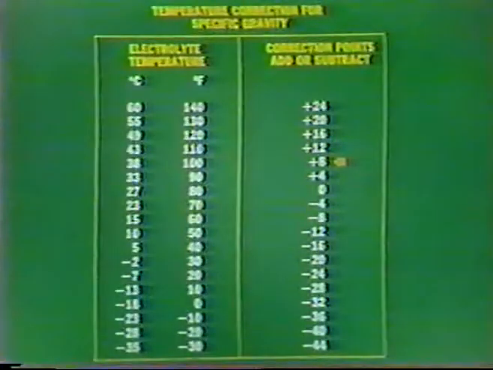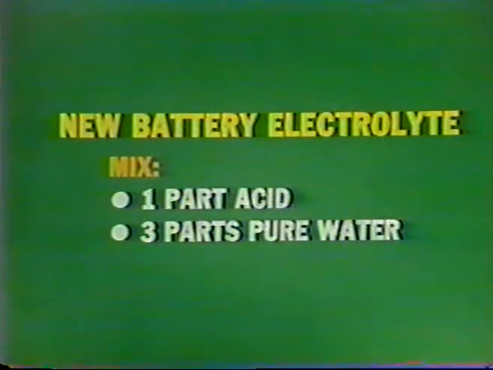For example, an electrolyte having a specific gravity of 1.240 at 100 degrees Fahrenheit would have a corrected specific gravity of 1.248.